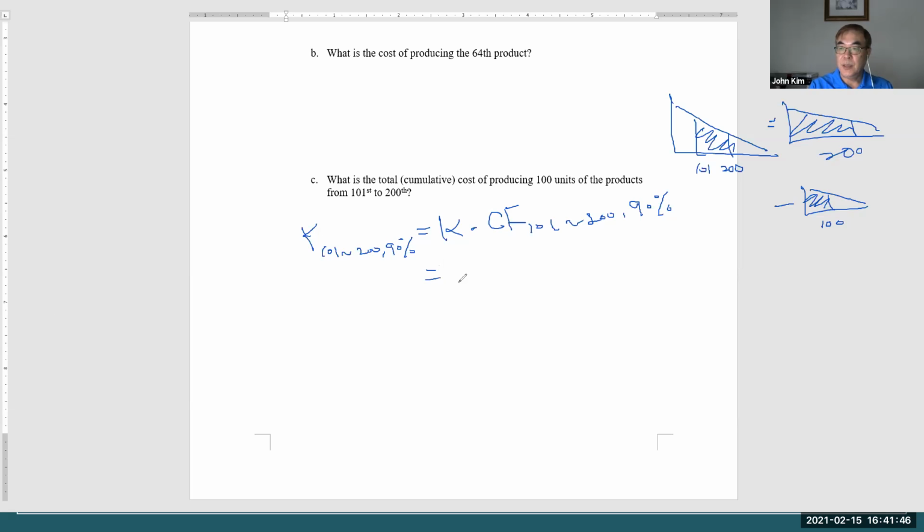That will be k times cumulative factor 200 minus cumulative factor up to 100, not 101.